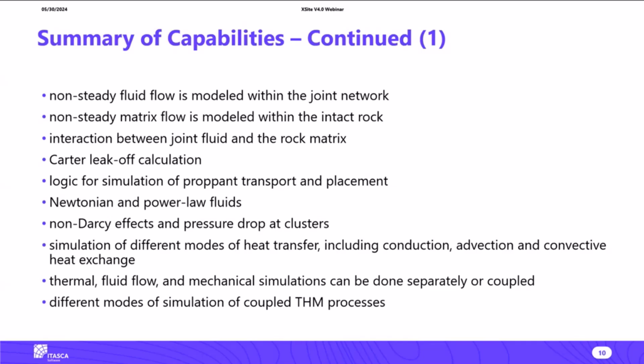And so these different models, mechanical, fluid flow, and heat transfer, can be simulated separately, but then also we can simulate them coupled. And there are different modes of coupling.